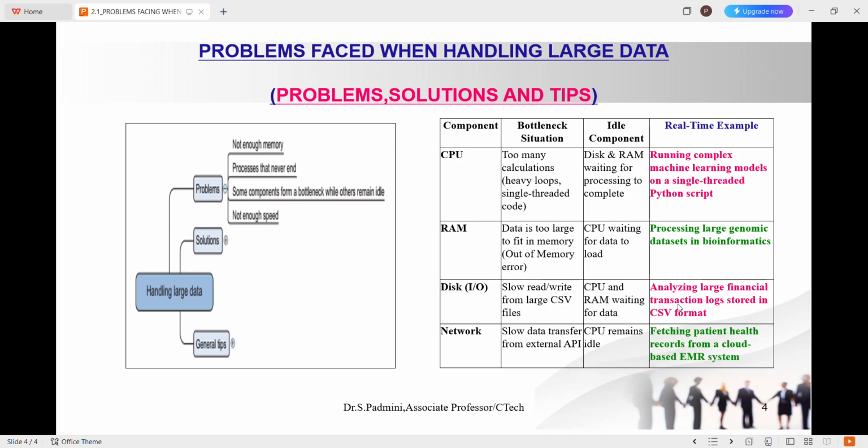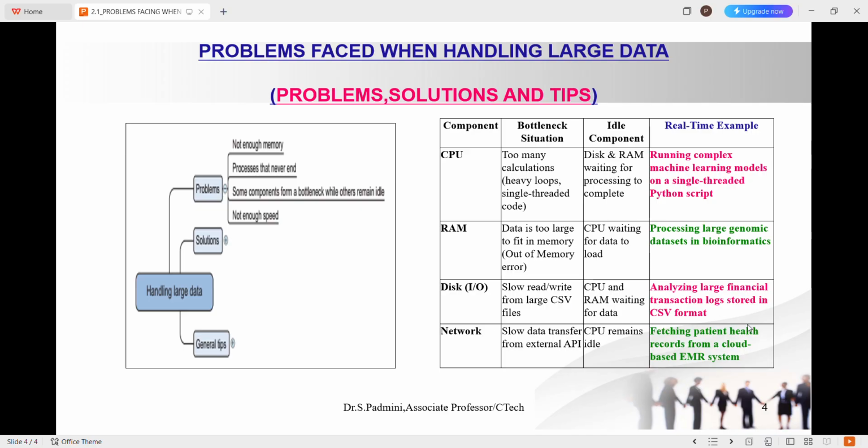The next example: suppose I want to analyze a large financial transaction log stored in CSV format. What is the bottleneck problem? The data has to be read and written from a large CSV file, which takes a large amount of time. So CPU and RAM will be waiting for the data, and these two will be the idle components.